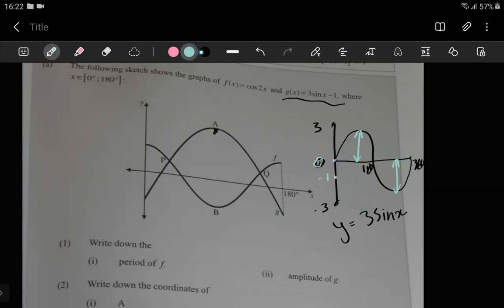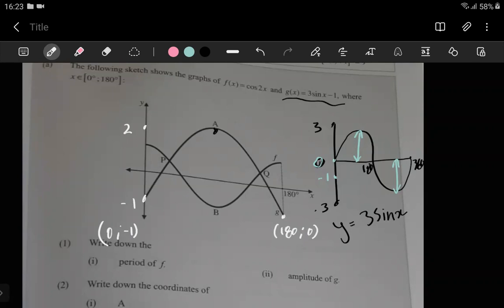So we automatically know that according to this new image, this point here is a -1. So instead of going all the way up to a 3, this would now only go up to a +2, because from here it has to go up 3 and then come back down 3. So this coordinate here is just 0, coordinate -1. This one here is just 180, coordinate 0.